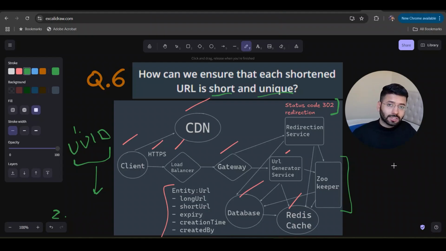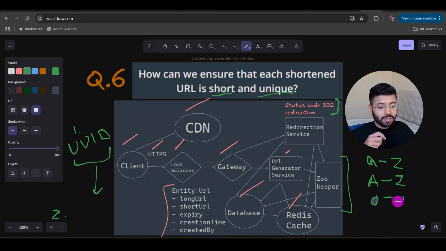For encoding, first I need to decide what characters can be present in the short code that I'm generating, and how many characters would be sufficient. So first, deciding what can be in each character: it can be a to z in small case, then A to Z in capital case, and then 0 to 9 digits.